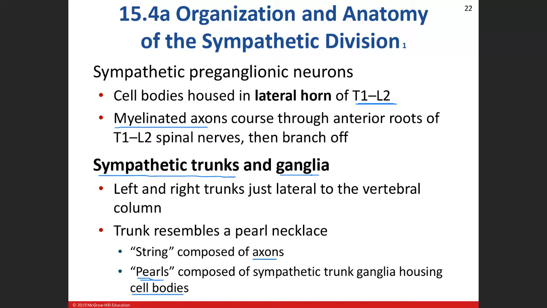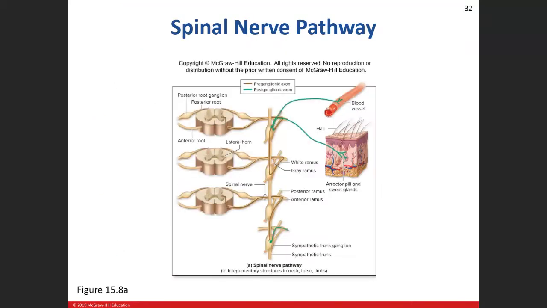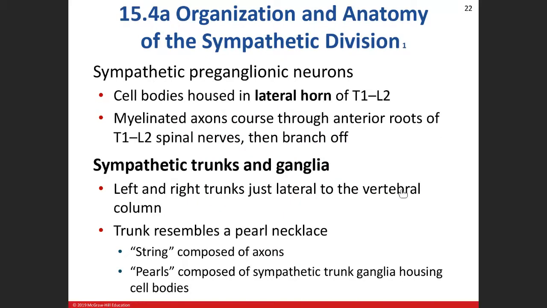I'll quickly show you a picture right here. This is the sympathetic trunk. You've got the ganglia here, where all the cell bodies and synapsing are going on, and the string portion here is just where axons are running.